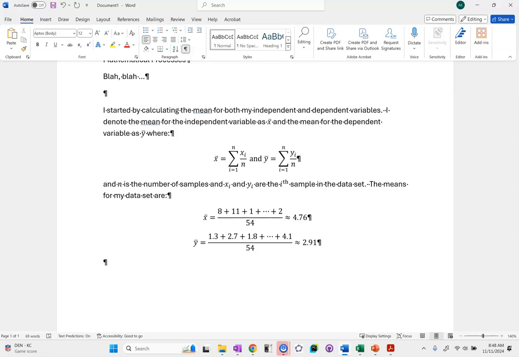Now, the mean is not a major calculation, so you don't need to analyze what this means at all, unless you feel like it has some kind of significance.